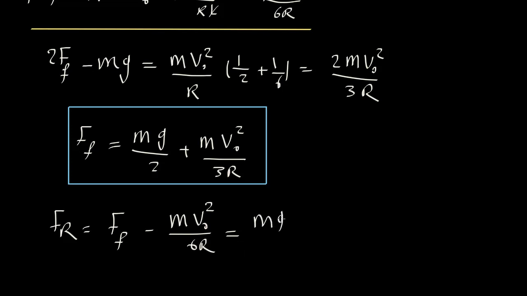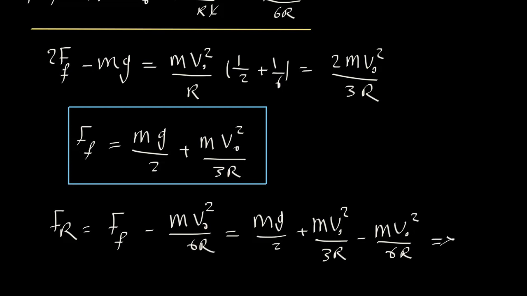And this is mg over 2 plus m v naught squared over 3r. This is for f of f, minus m v naught squared over 6r.